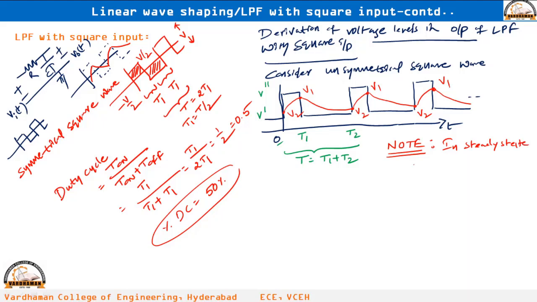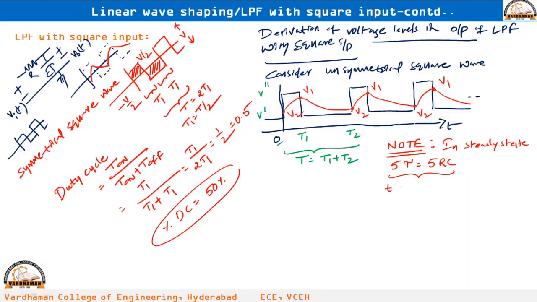Steady state is nothing but, after applying the input, a certain amount of time has to be completed. Then the output enters into the steady state.